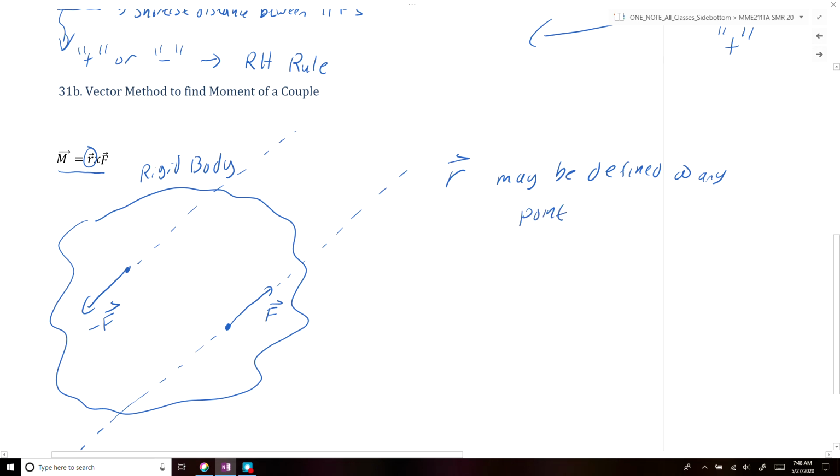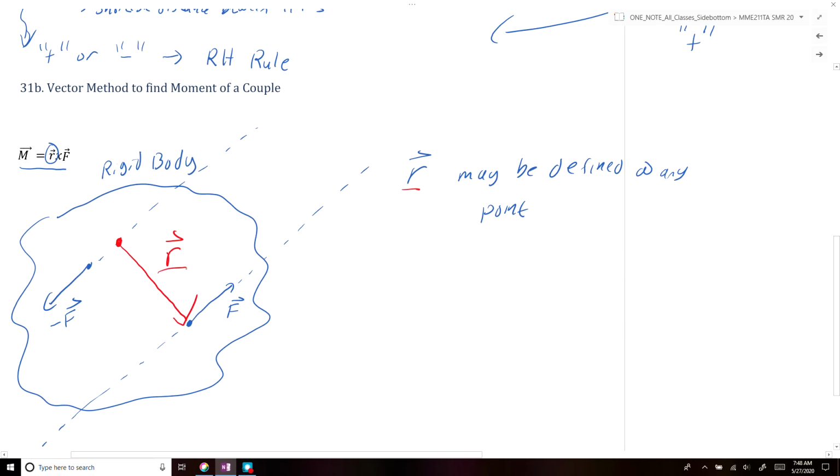However, what we typically do is start at one point along the line of action of one of our forces and go to another point on the line of action of our other force. So we'll typically do this for r. This is what we'll select.